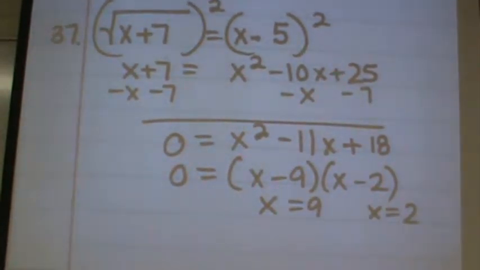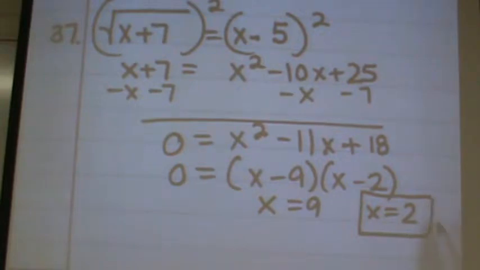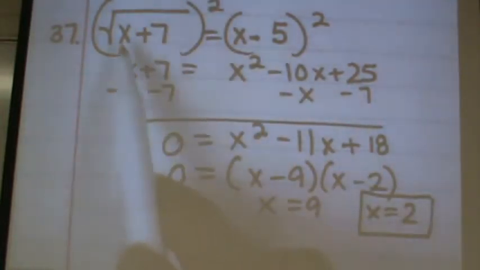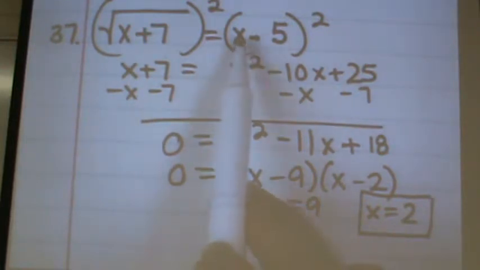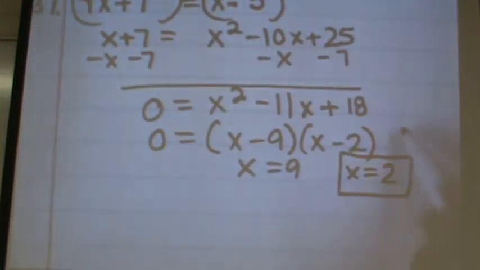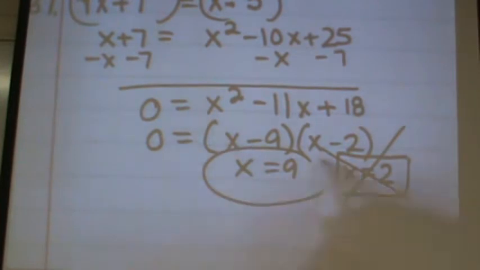Out of these two, it's possible that one won't work. And the one that does not work on this one is x equals 2. If you plug this number in, I know when I take the square root of anything, this has to be a positive number. And 2 minus 5 is going to give me a negative number. So 2 is extraneous, and the other answer works.